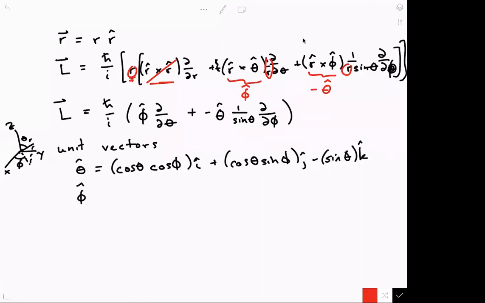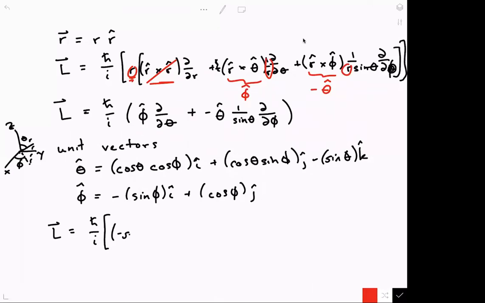Our phi hat direction can be had by simply taking negative sine phi in the i hat direction and cosine phi in the j hat direction. So if we want to put that into our momentum operator, we've got something that looks like this.